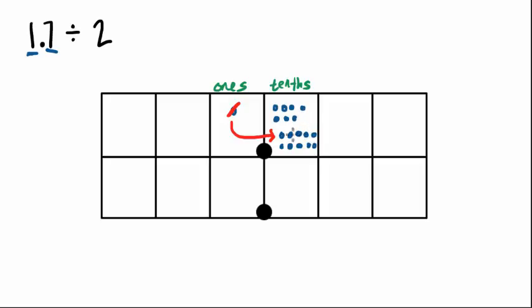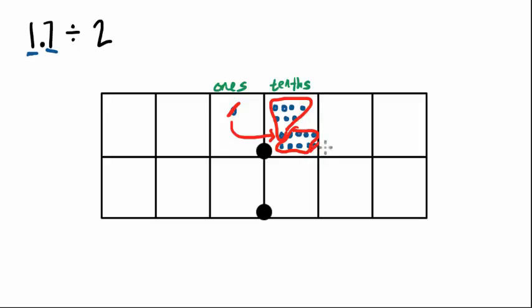I know there's going to be 8 in each group. Because if we have 9, we would need 18, but we have 17. So here's a group, and here's a group. But now the problem is we have 1 left over.